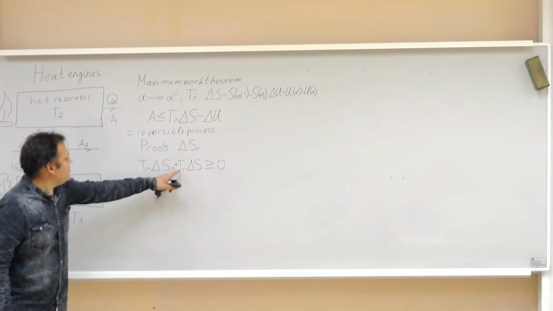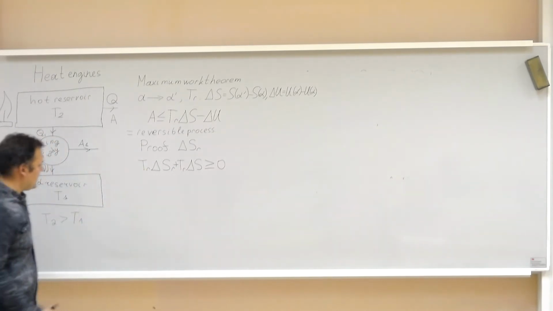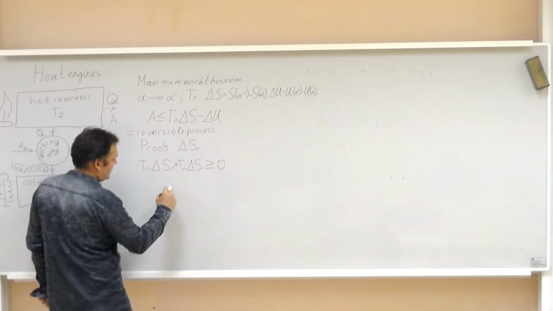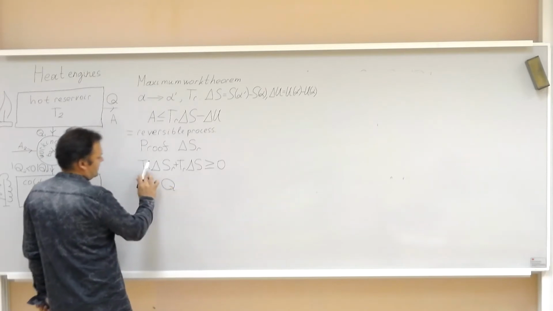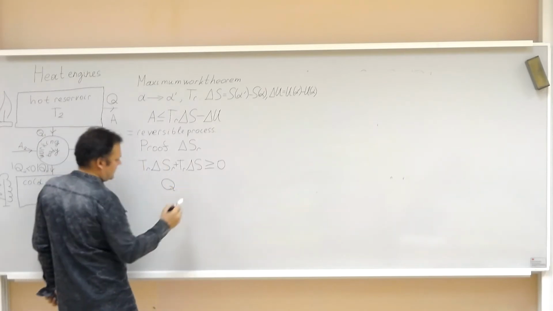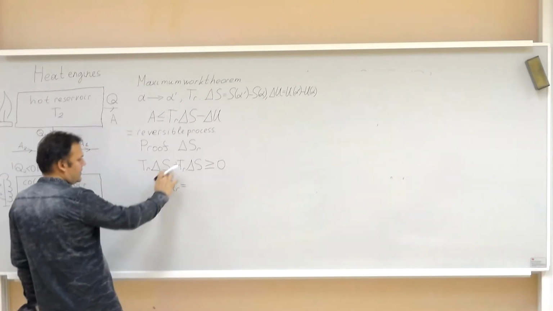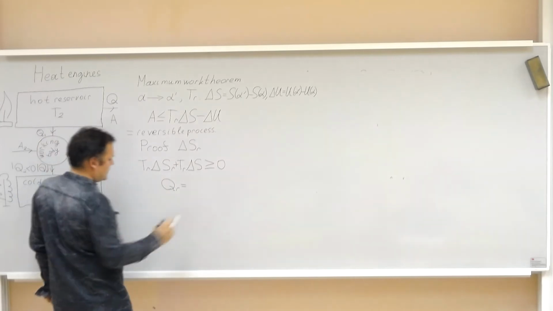T is positive, so no problem. We have the same inequality. But now, what do we see? T_R multiplied by delta S_R is the amount of heat that is obtained by the heat reservoir in the process.